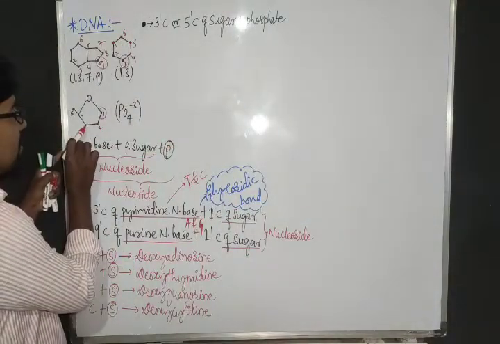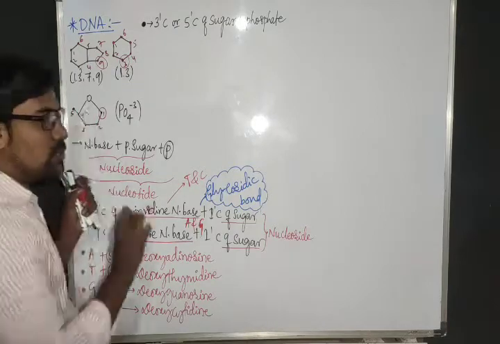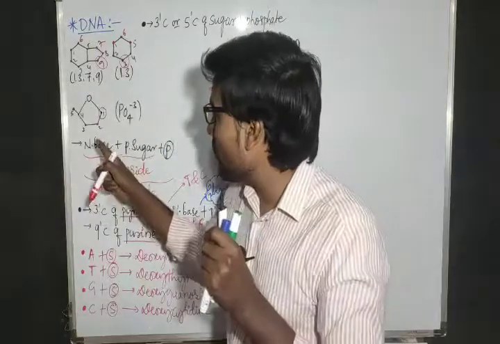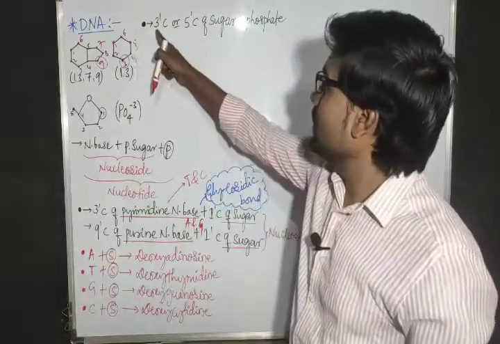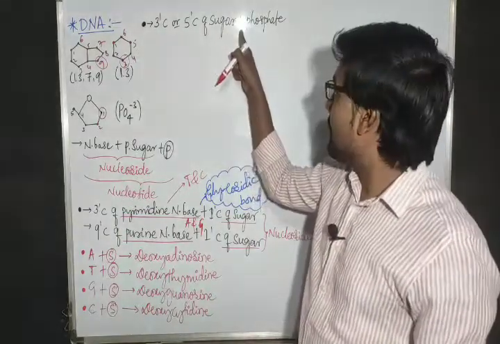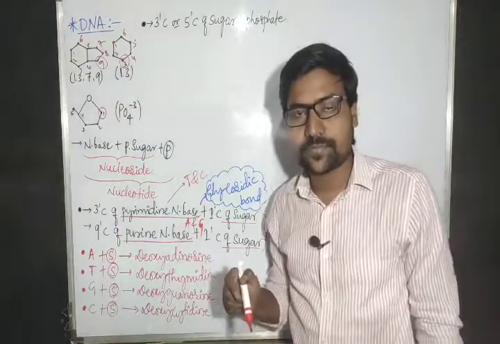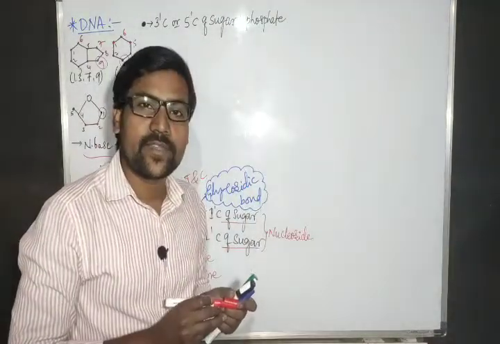Now the working corners are the third corner and fifth corner. Why? Because the fourth corner is combined to the fifth carbon. Now the working corners are the third carbon and fifth carbon. The third carbon or fifth carbon of the sugar molecule combines with a phosphate group. Then what is formed? Nucleotide is formed.